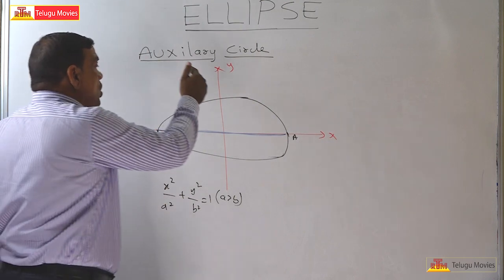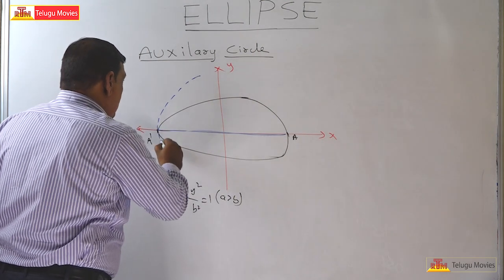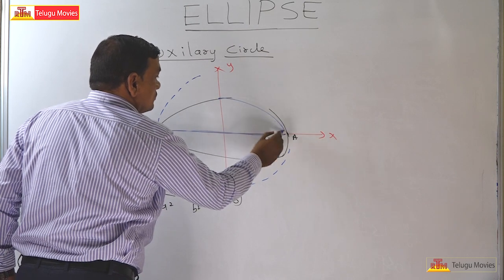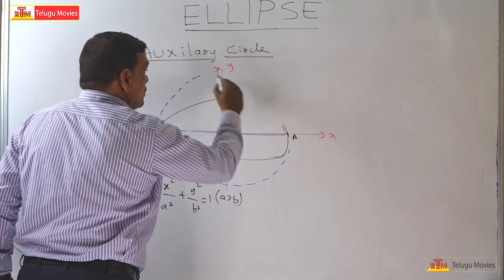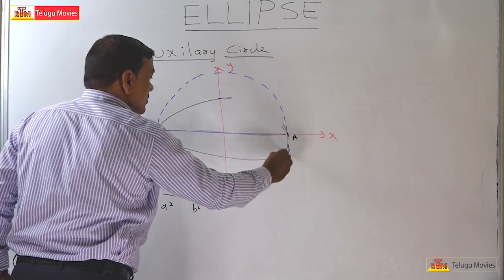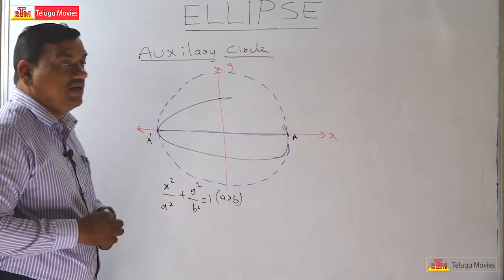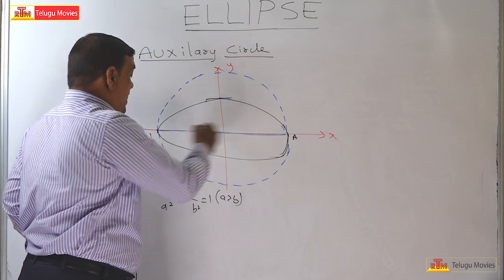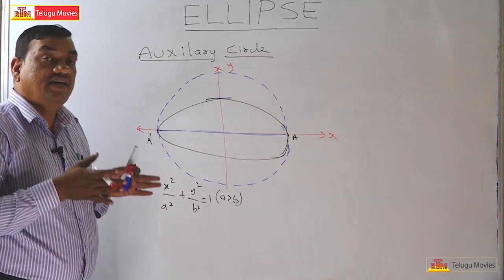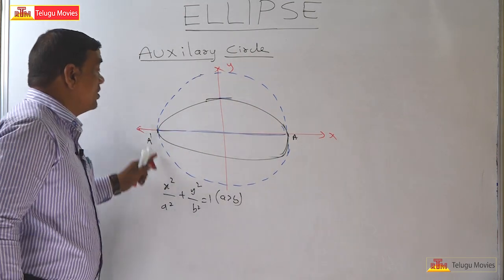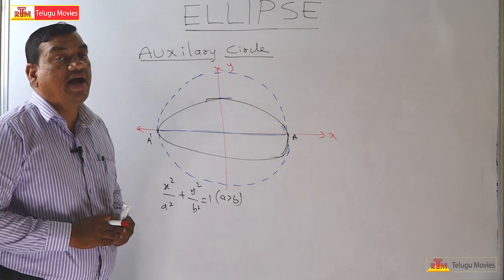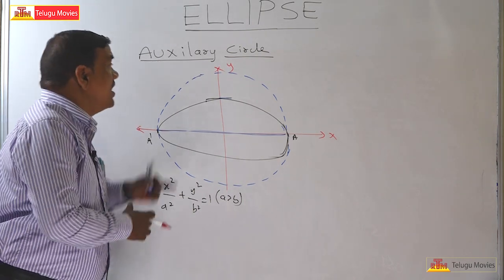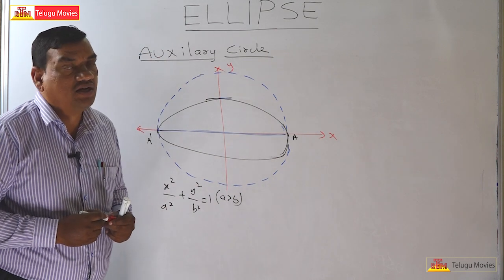That circle is called the auxiliary circle. So, this is the diameter, and this is the auxiliary circle of the ellipse. Therefore, the circle whose diameter is the major axis of an ellipse is called the auxiliary circle of the ellipse.